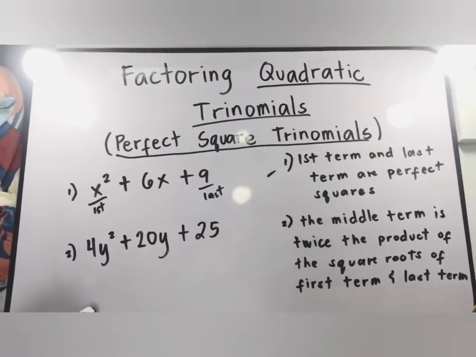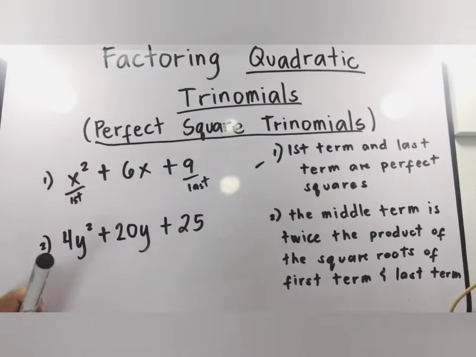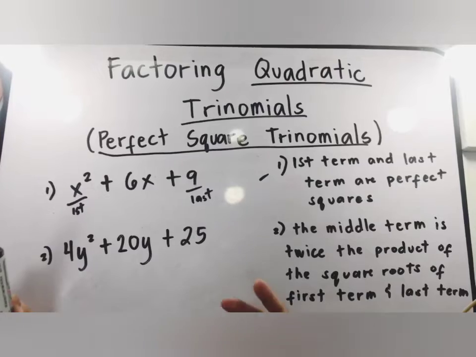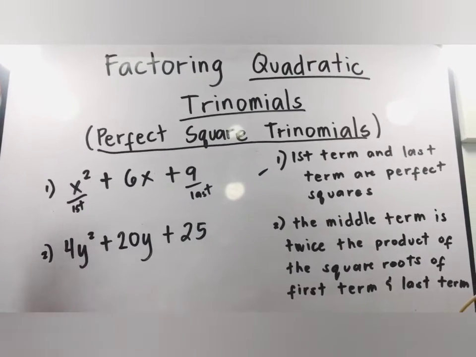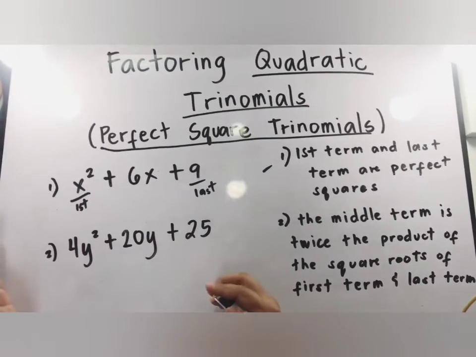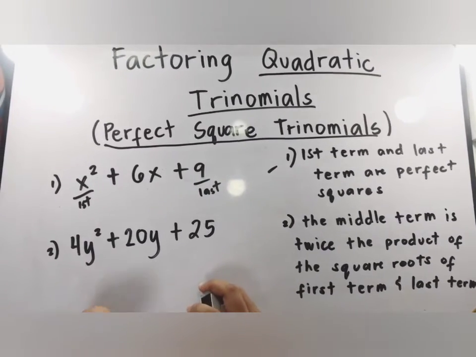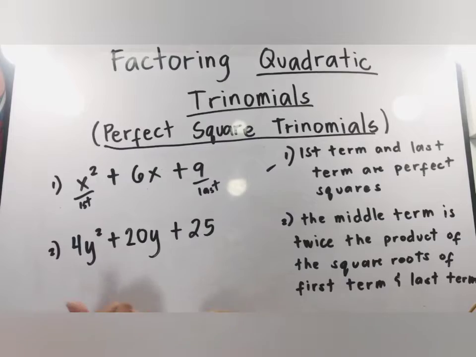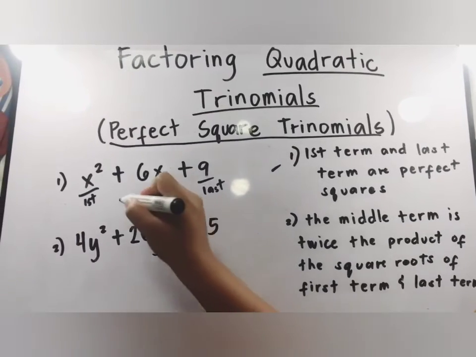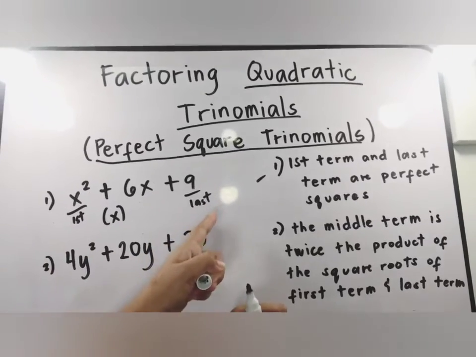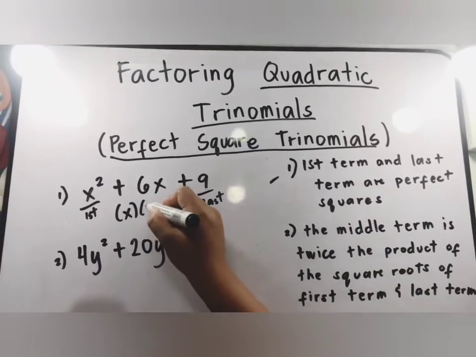Try na natin ngayon second. Ang sabi, the middle term is twice the product of the square roots of the first term and last term. So, kunin muna natin ngayon yung square root ni first term and last term. What is now the square root of x squared? Simply divide the exponent by 2. Therefore, the square root of x squared is x. Then, square root of 9, that is 3.